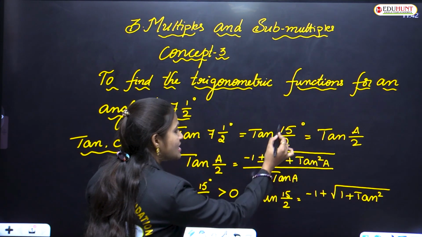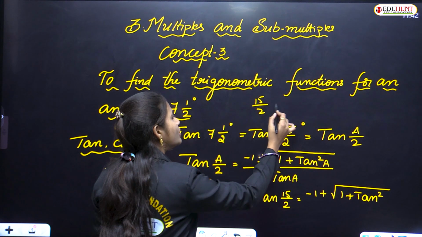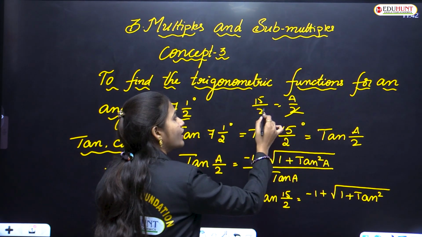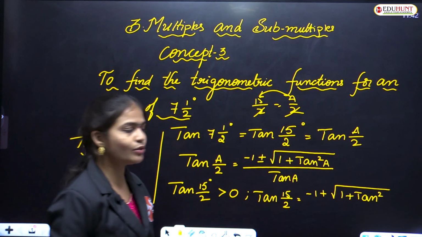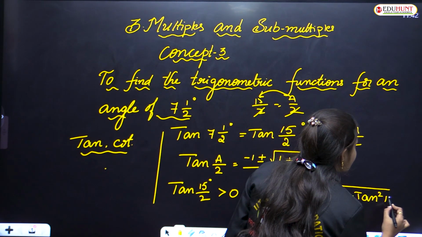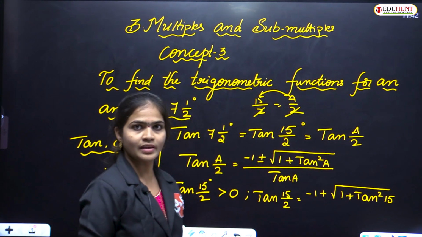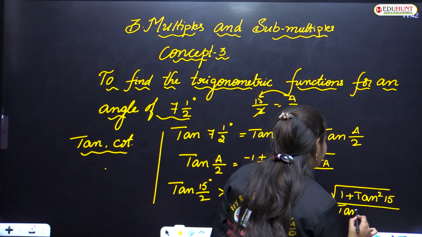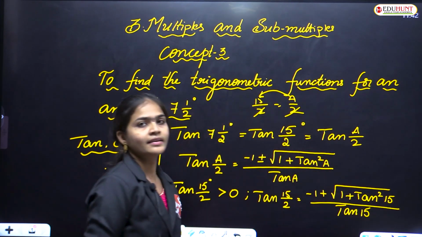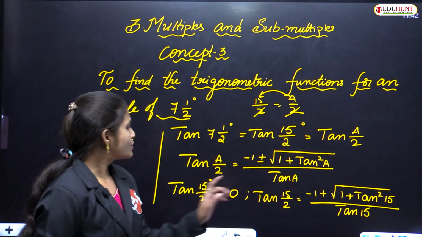Why? Because this is in the form of a by 2, so a is equal to 15 only. So substitute 15 here, whole by tan 15.